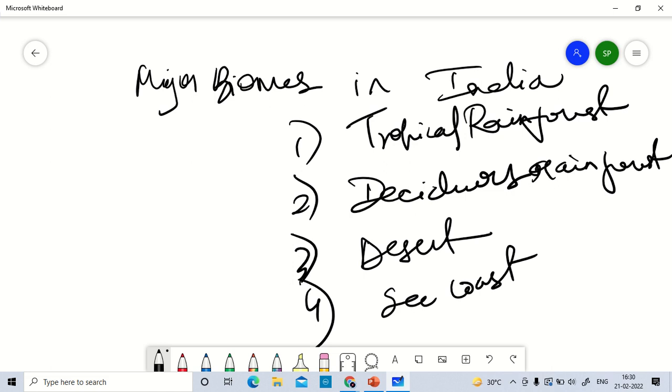Figure 13.1 is very important: biome distribution with respect to annual temperature and precipitation. Below is the precipitation, and the y-axis is the temperature. Precipitation is highest in tropical rainforest, then in coniferous forest.